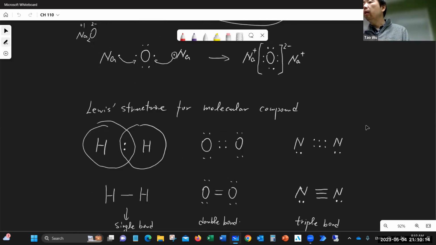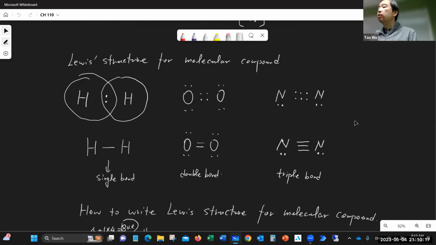But the molecular compound is different, because molecular compounds are not going to gain or lose electrons completely. Instead, they share the electrons between atoms, and those shared electrons make the bonds.